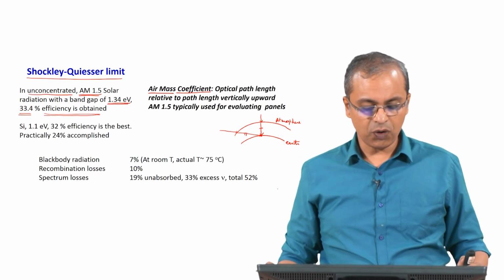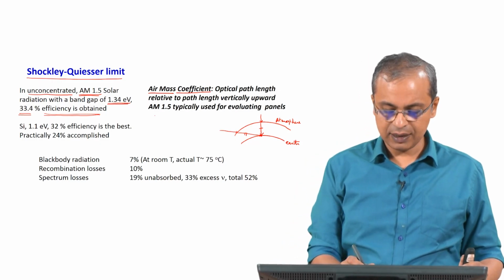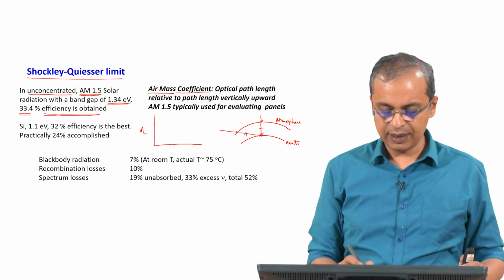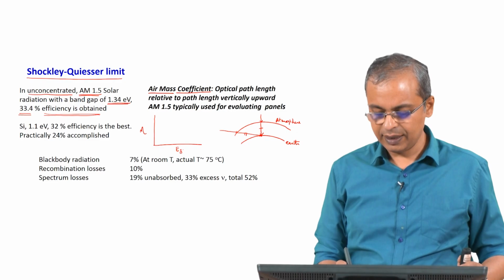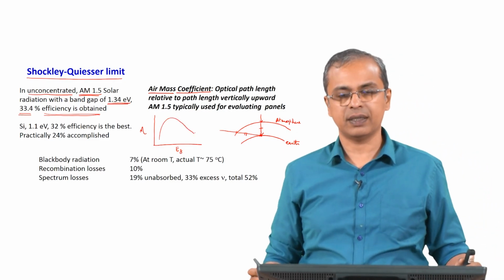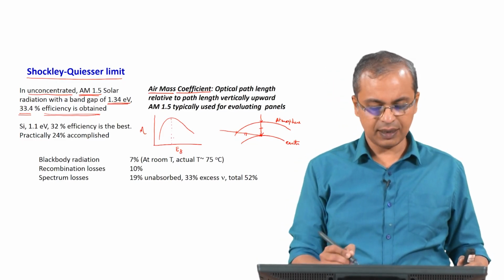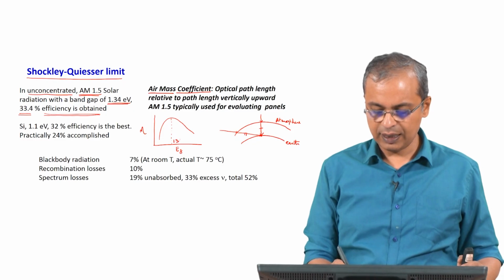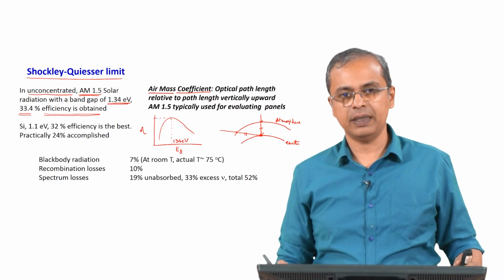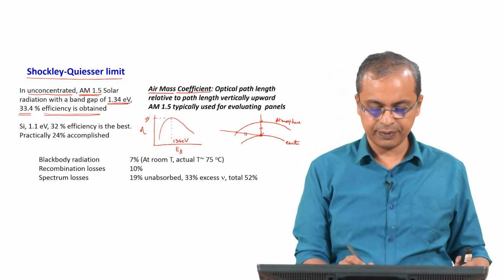If you plot the efficiency, eta, versus the band gap, Eg, you will see a curve that looks like this, and the maximum that you see will be at 1.34 electron volts, and the efficiency that corresponds to is this 33.4%.